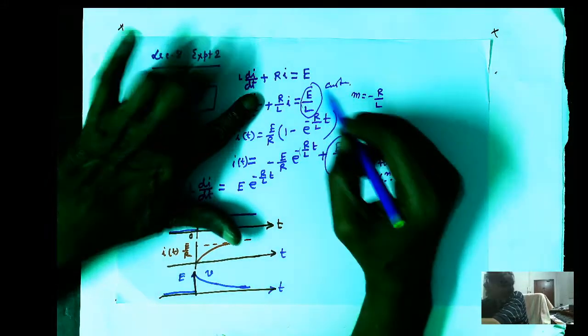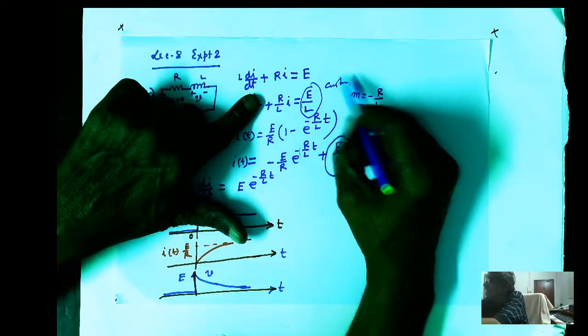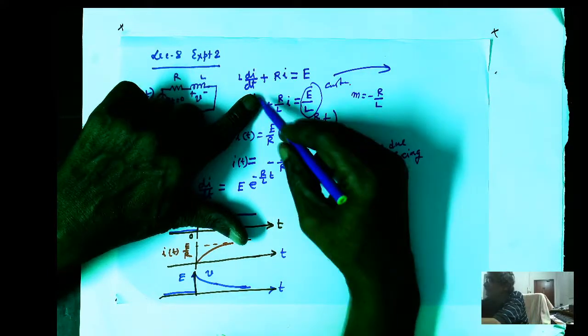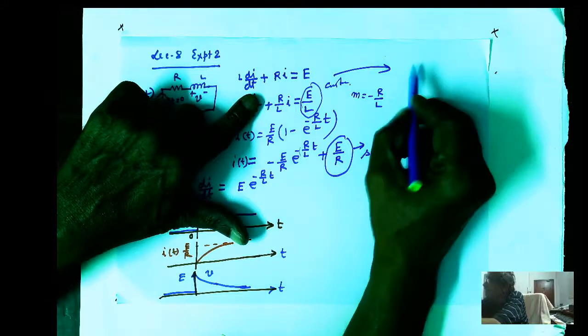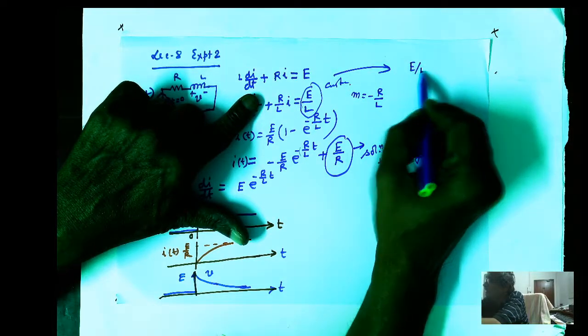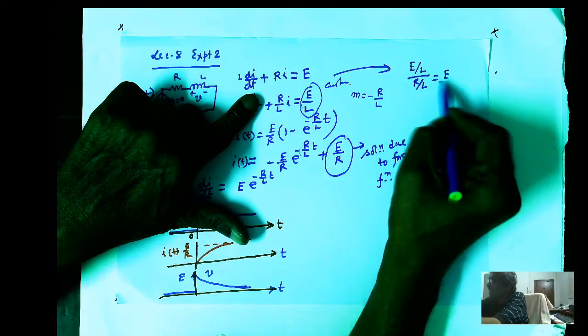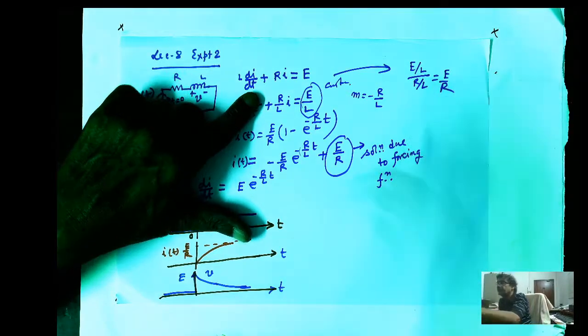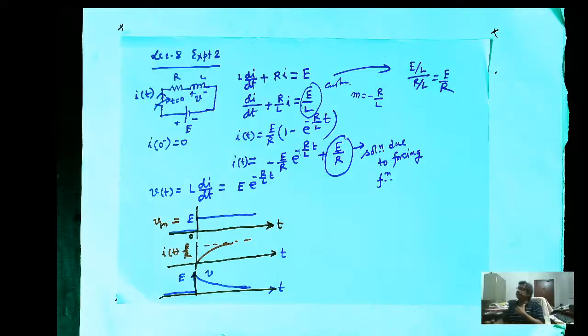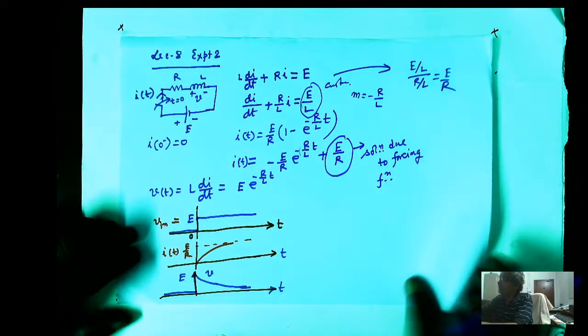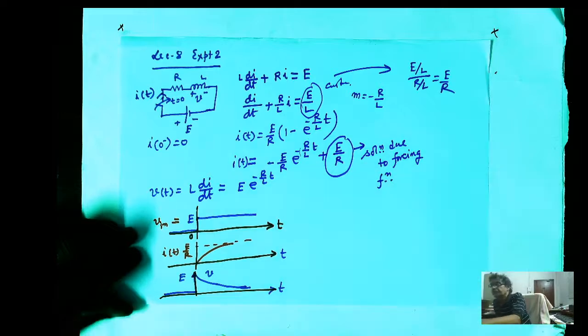So the value of i with this term suppressed will be equal to E by L by R by L, and that will be equal to E by R. So in one stroke you can write it. Anyway, do in whichever way you want to do, but this is just one observation I am telling.